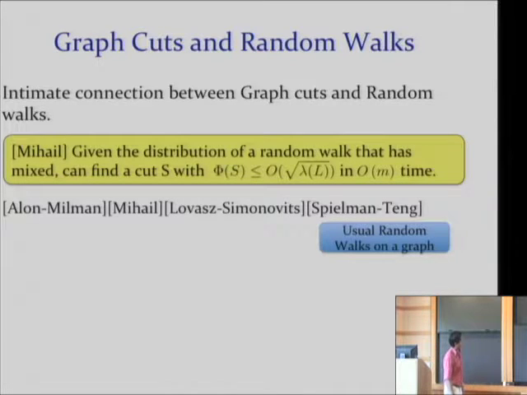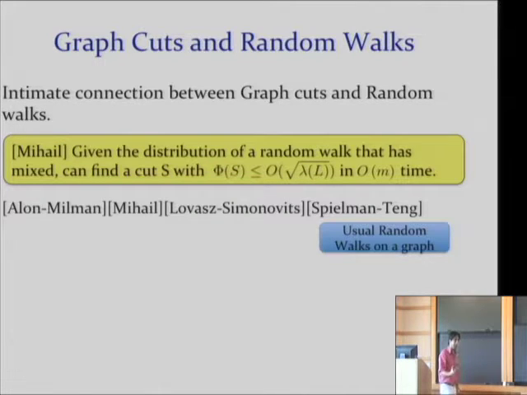Okay, so this connection has been explored in several works. I'm just talking of works that go from random walks to finding these cuts. Starting with the Cheeger in Alon, Millman and Mihail, you go from the work of Lovász and Simonovits, and then Spielman-Teng that I mentioned. They work with usual random walks on graphs.